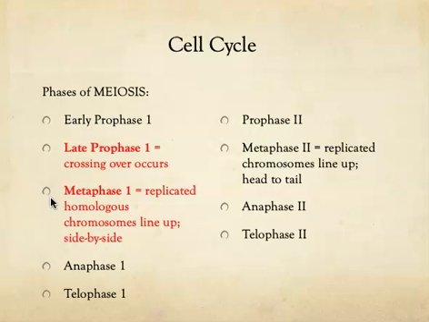And I'll show you a picture of this in just a minute. Anaphase 1 looks very similar to the anaphase that we see in mitosis, in that the spindle apparatus is going to pull chromosomes apart and move them to each end of the cell. Telophase 1 is going to look very similar in that new nuclear envelopes are going to be formed around each set of chromosomes. Remember, at the end of telophase 1, we're not finished with meiosis.